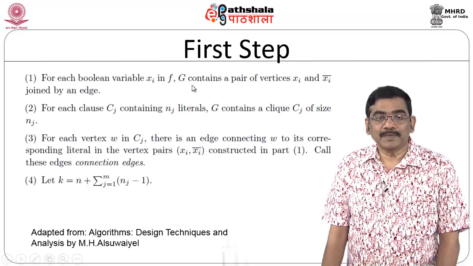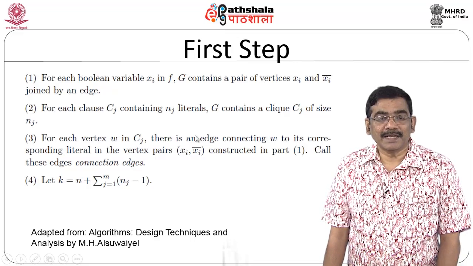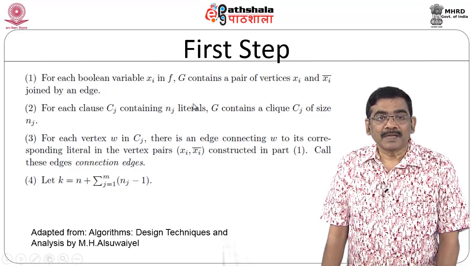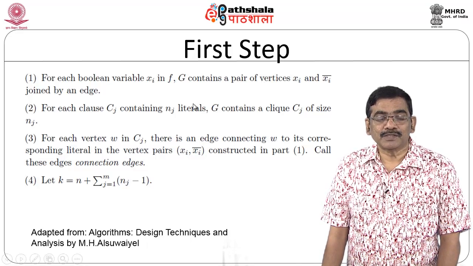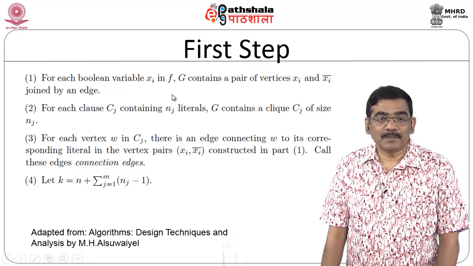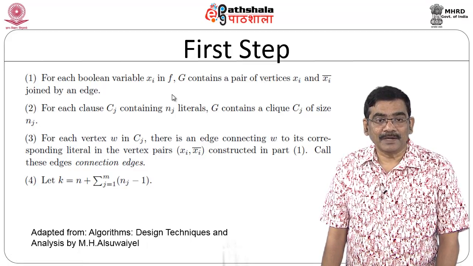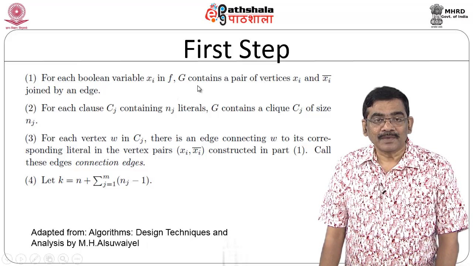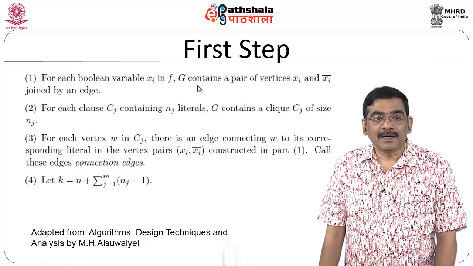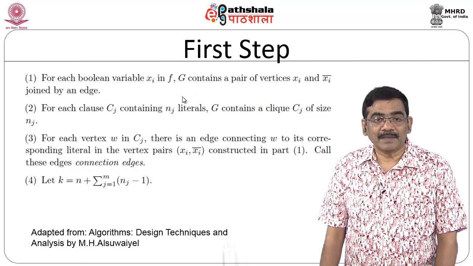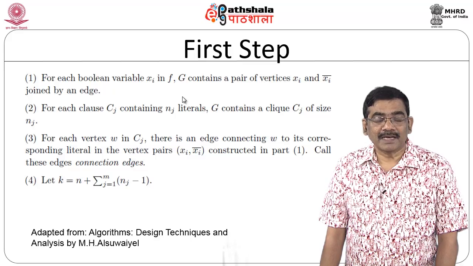Fine. We are going to prove that this problem is indeed NP complete. We take the SAT problem and reduce it to the vertex cover problem. You may wonder how a formula can be reduced to a graph problem.